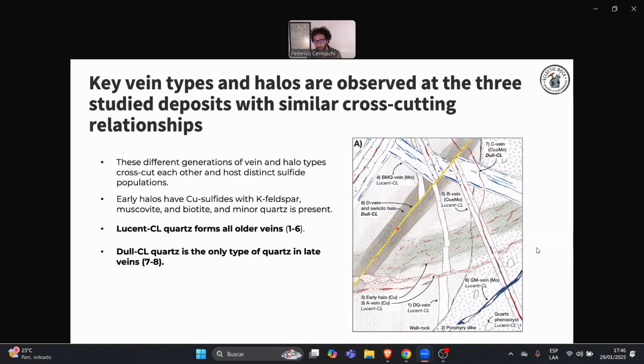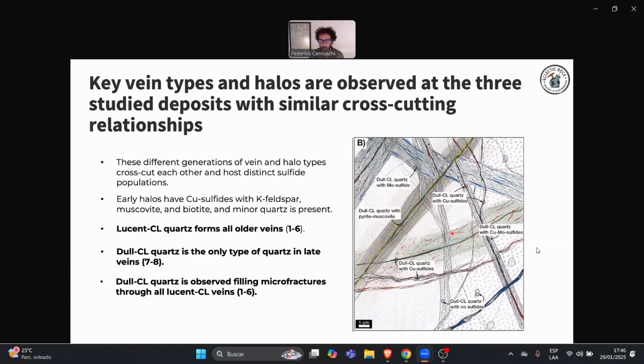It's all dull CL quartz types with abundant pyrite and muscovite, and only copper sulfides where these veins crosscut older veins that have copper sulfides. So there's a big change from all the older veins from 1 to 6 here when you get into the C and D veins.